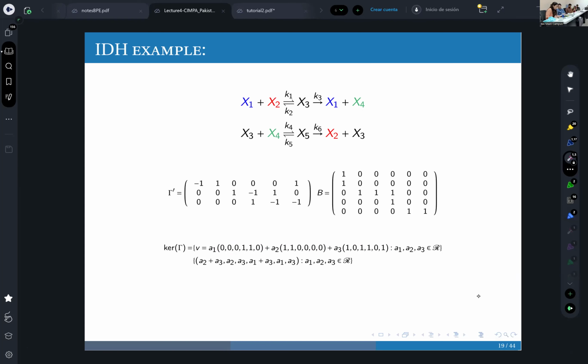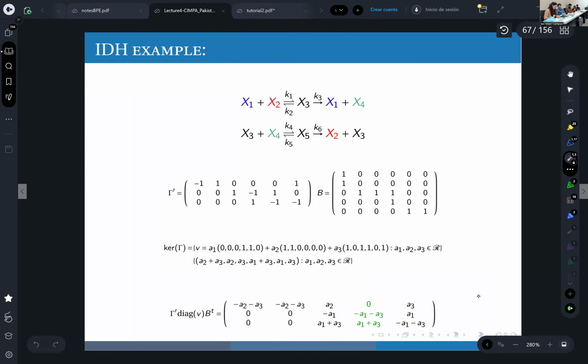And any vector in the kernel will be a linear combination of those. So I can plug in this vector in the diagonal matrix. And if I do the product of these times a diagonal matrix with these entries in the diagonal times transpose of this, I get this matrix.